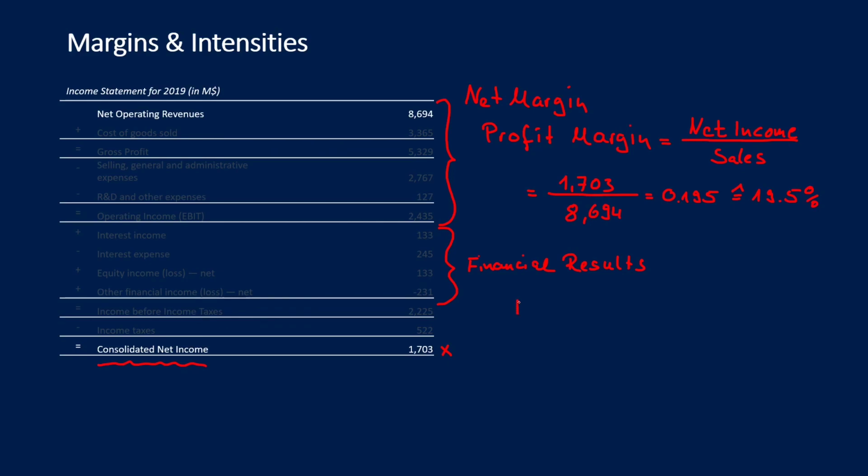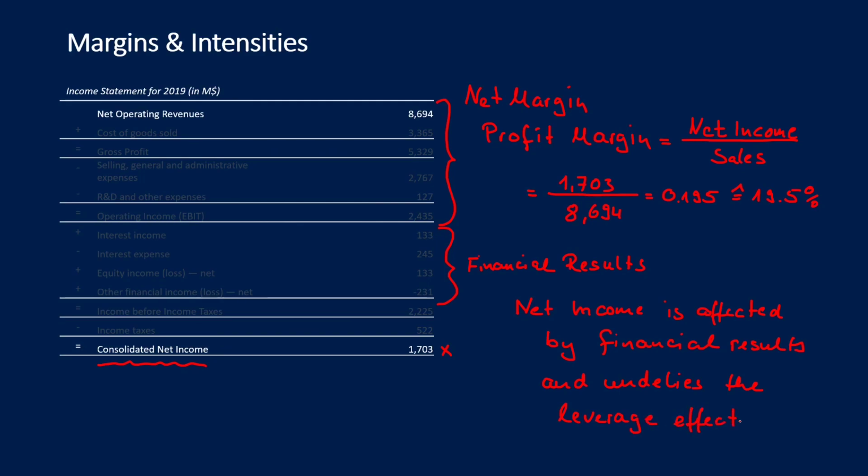So, net income is affected by financial results and underlies the leverage effect.